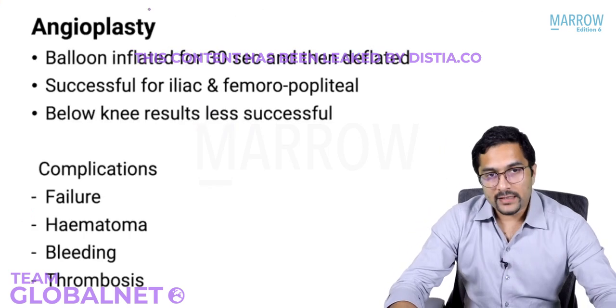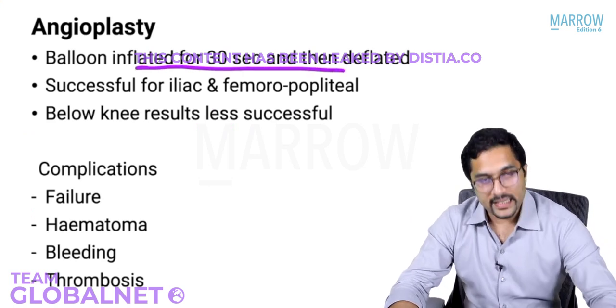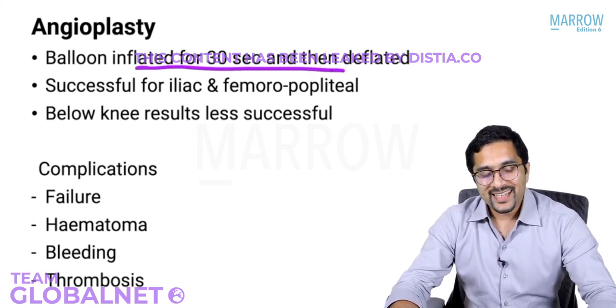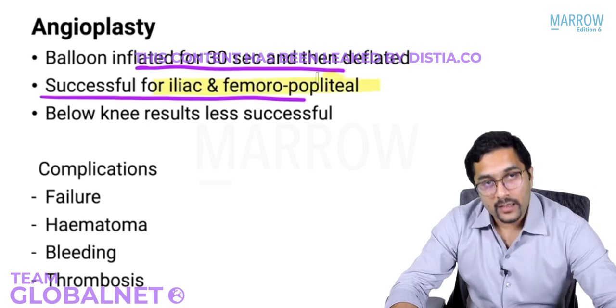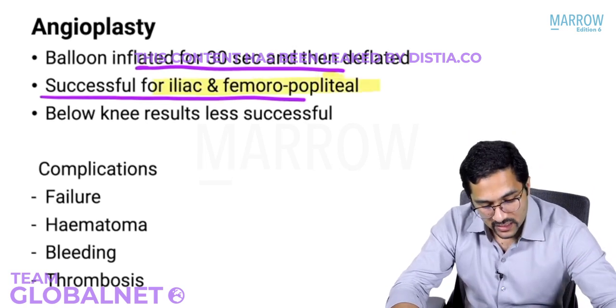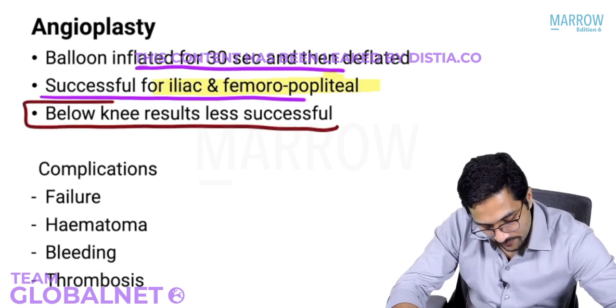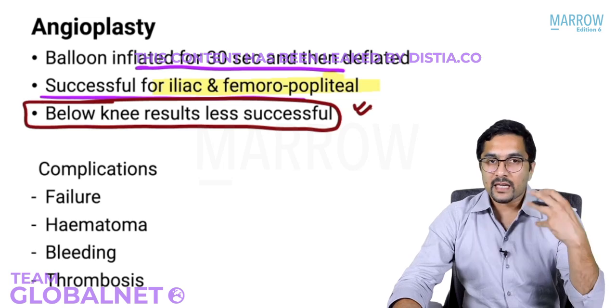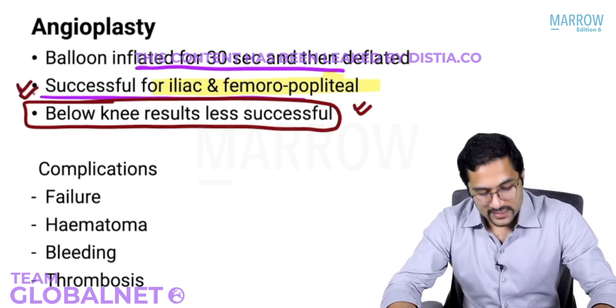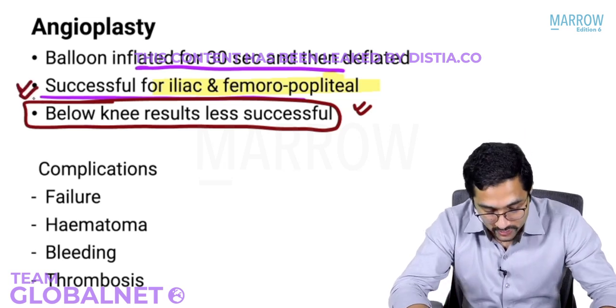In angioplasty, the balloon is inflated for 30 seconds and then deflated. It is successful for iliac and femoropopliteal lesions, but the results below the knee are less successful. That is why below knee grafts are preferred, whereas above knee angioplasty and stenting has shown good results.